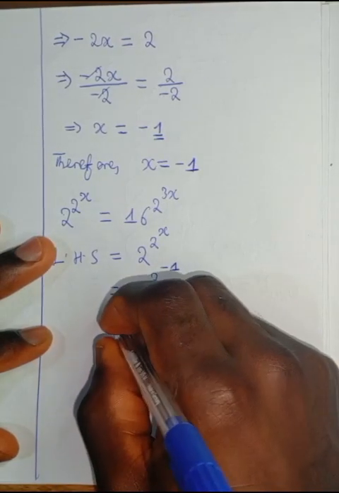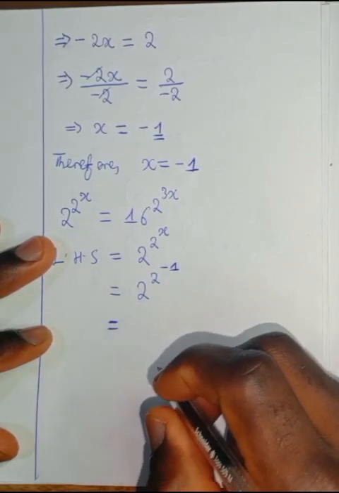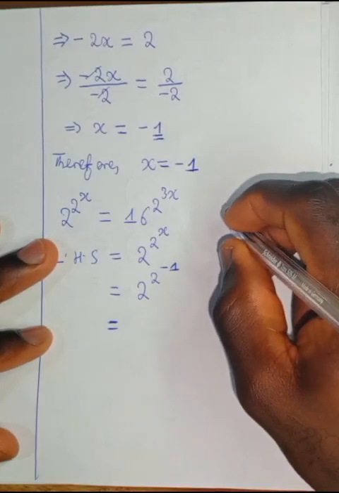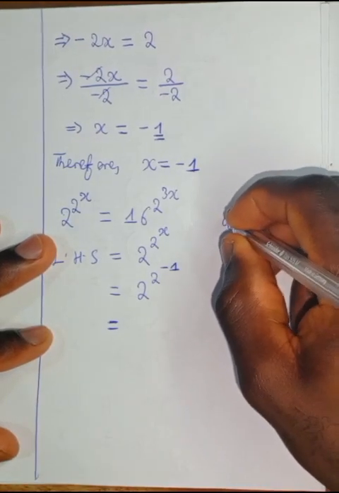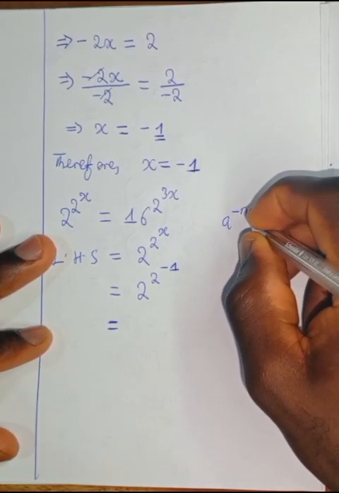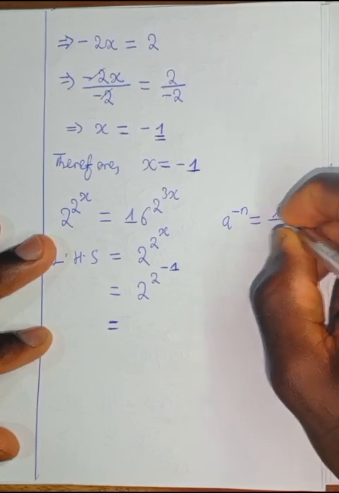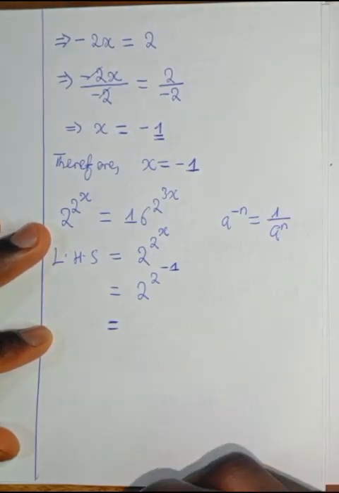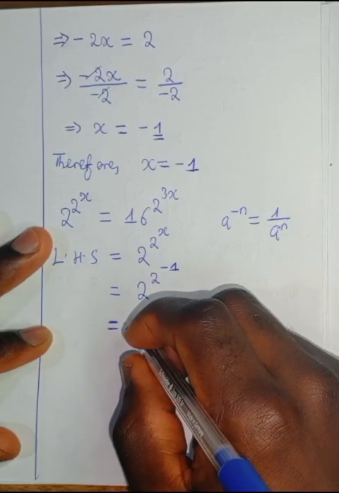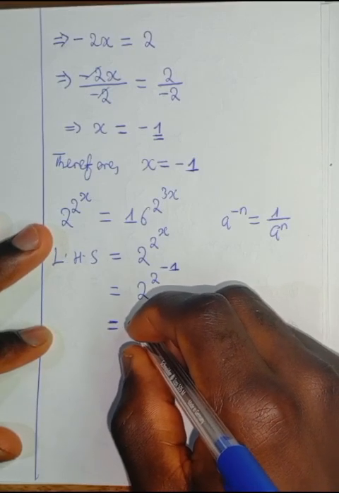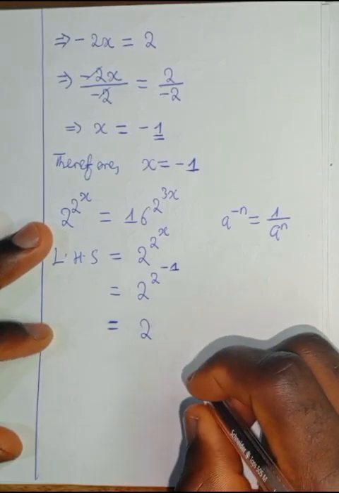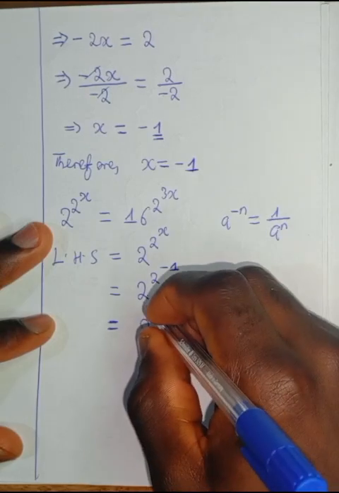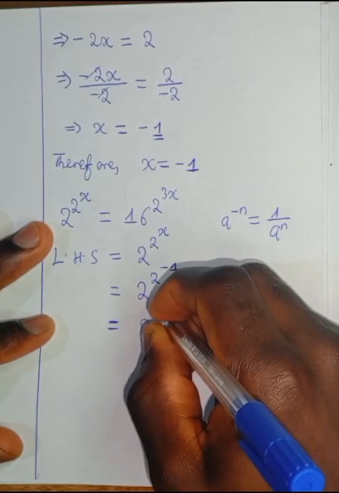And this will simply be equal to, if we have a raised to the power negative n, it is simply equal to 1 all over a raised to the power n. This will simply be equal to 2 raised to the power a half.